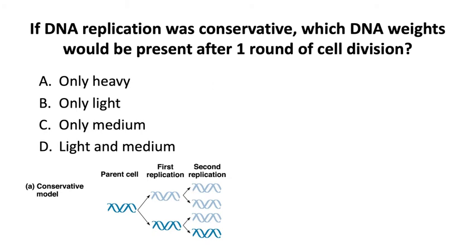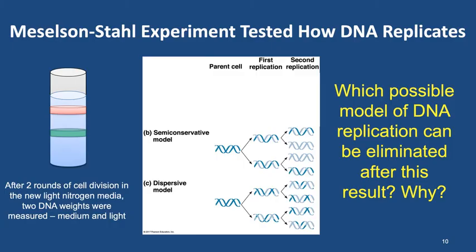So if it was conservative, just make sure you can think through this. But the big idea is after one round, this is the first replication, you would have one DNA chromosome that is heavy and one that is light. So one heavy, one light. That is not what they saw.